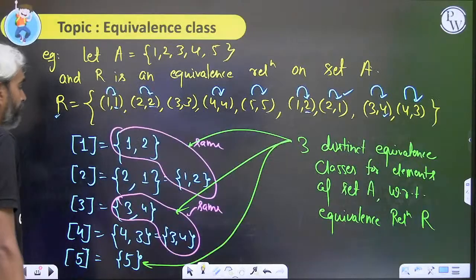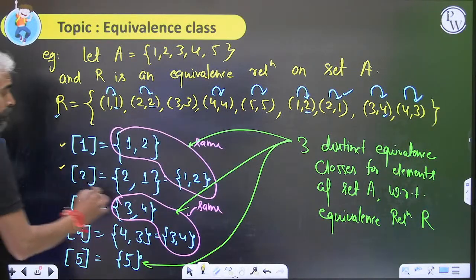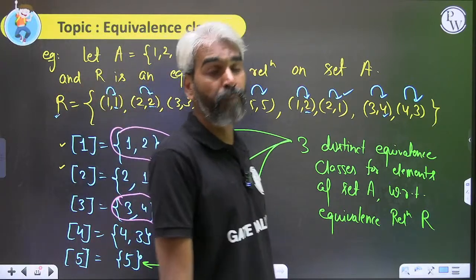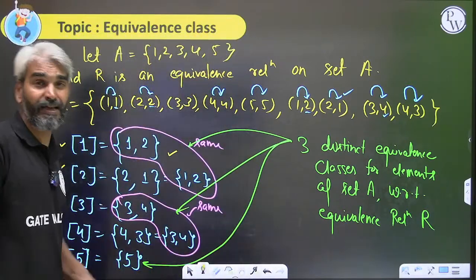And we have an example: 1 is not equal to 2, but still their equivalence class is the same.